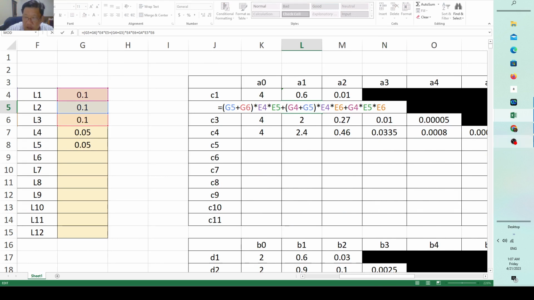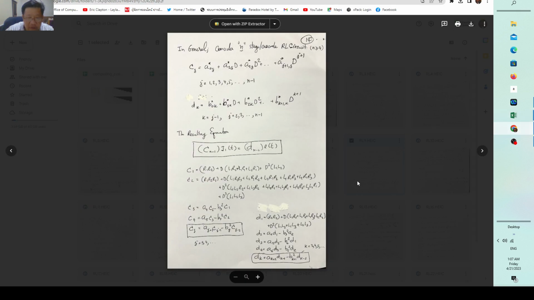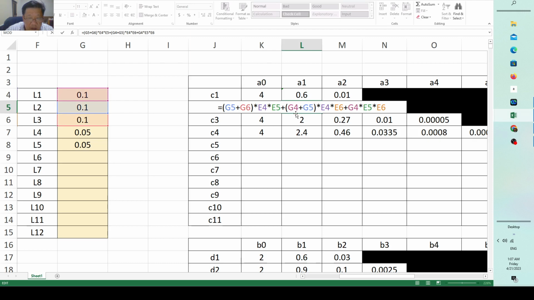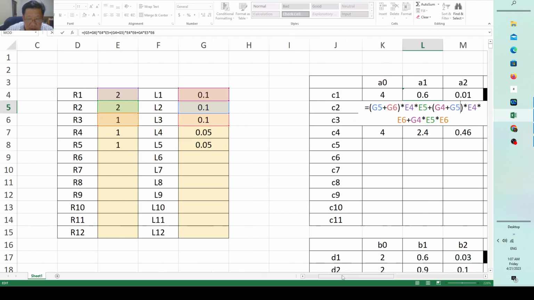Where did I get this? It's coming from this formula, right? This one, C2. You have 5 terms over here. You can see that once you get R1 times R2, you get this L2 plus L3. Let's look at the formula. R1 times R2 is what? R1 times 2 is G4 plus G5, right? You go here.